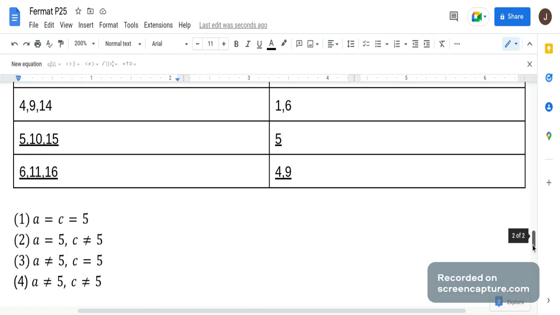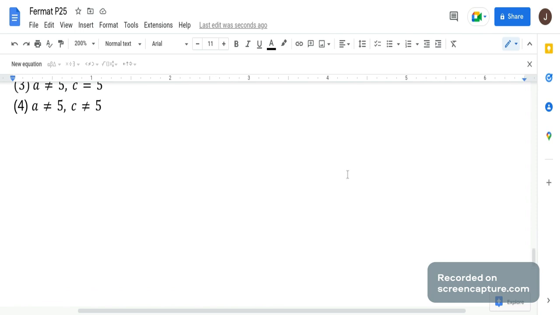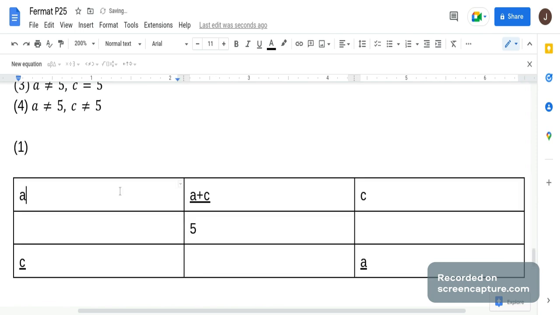Now let's discuss the first case. By discussing the first case, we will just simply substitute this into this. And by doing so, you will find that the only value that A plus C can work is 5. Since this is a multiple of 5 and this is a multiple of 5, to make a sum that is a multiple of 5, A plus C must also be a multiple of 5.